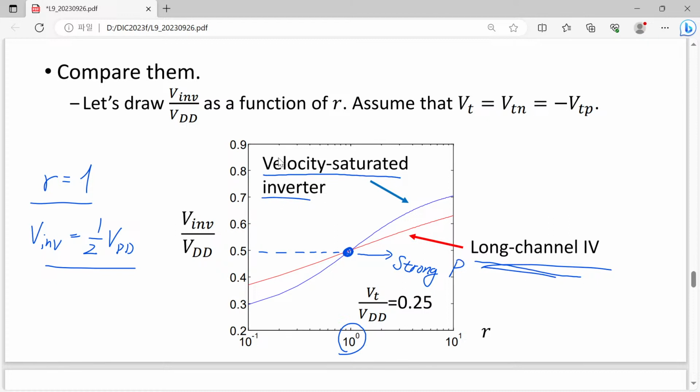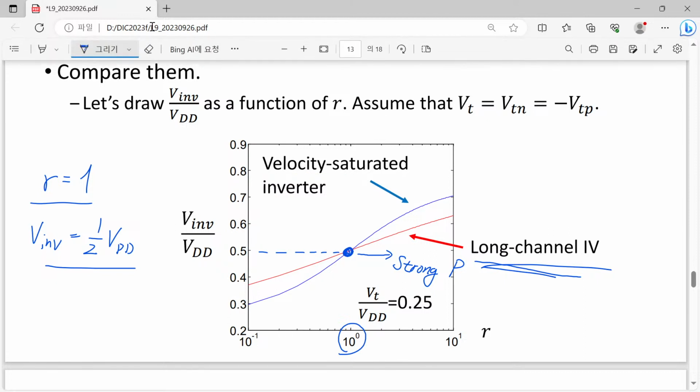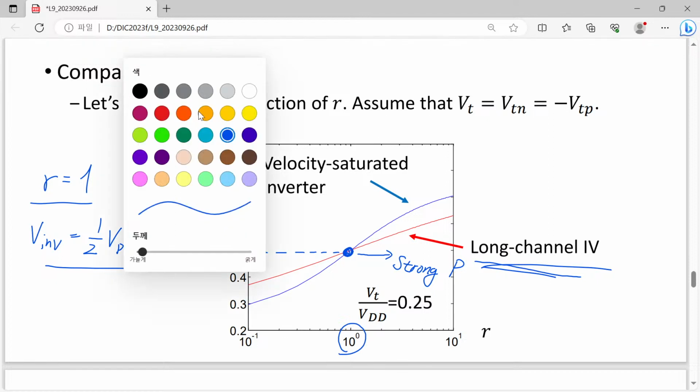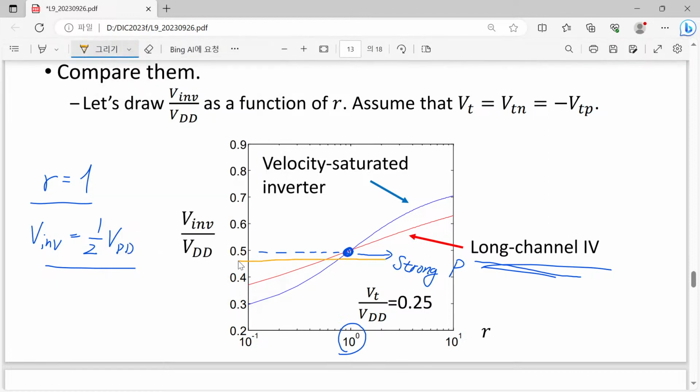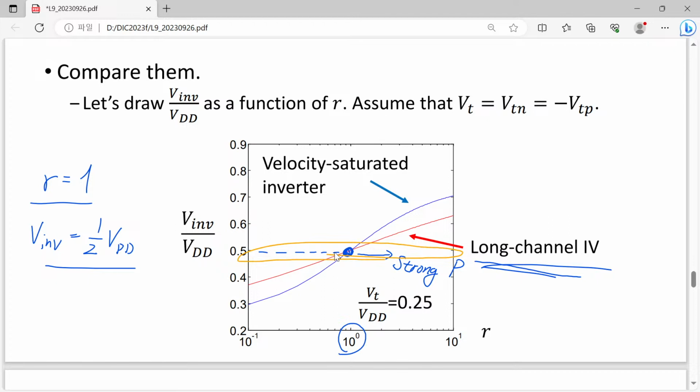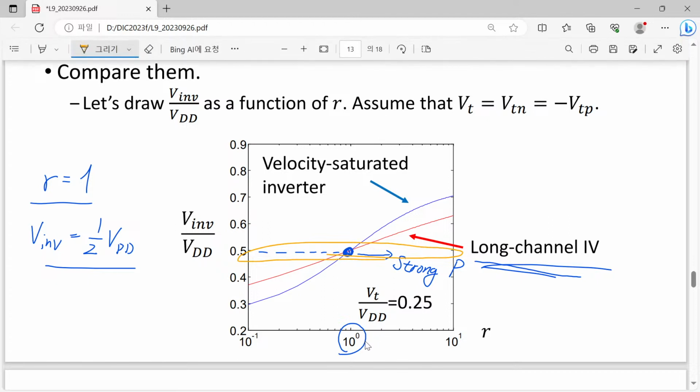As you can see, which one is better? So in the ideal case, what we want to get is a completely flat line. Whether you have quite an unbalanced design or not, you still want to get this condition.